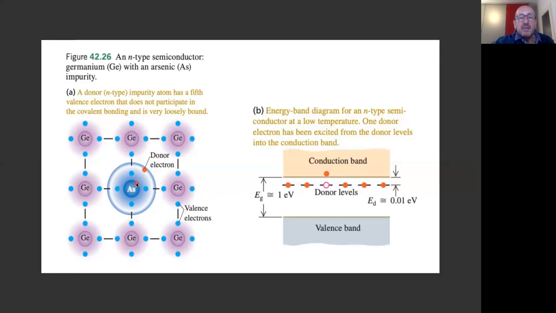Now, if you look at where these impurities are in the energy diagram that we have drawn before, here we have the valence band, here we have the energy gap, here we have the conduction band, and for each one of the donors, we have a donor level here, something like this.